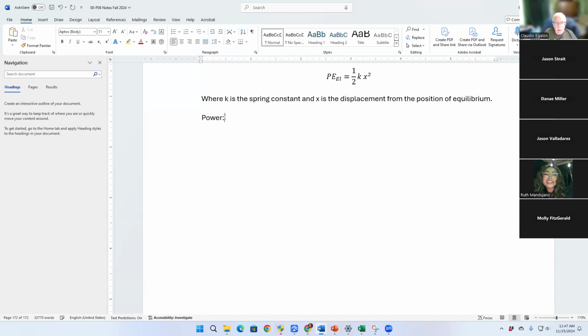Power. The definition of power is the speed at which you use up energy.